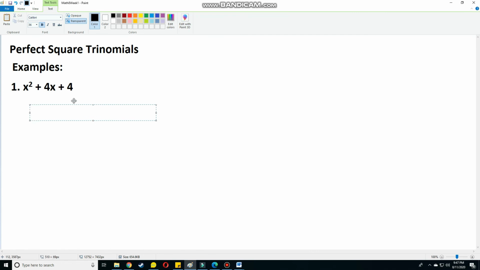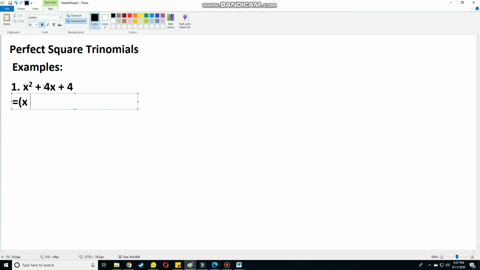Okay, so now let's continue. How to factor perfect square trinomials? It's very easy. The first step is get the root of the first term. So what's the square root of x squared? That's x. Then since the sign here, as you can see, is a plus sign, we would follow it.